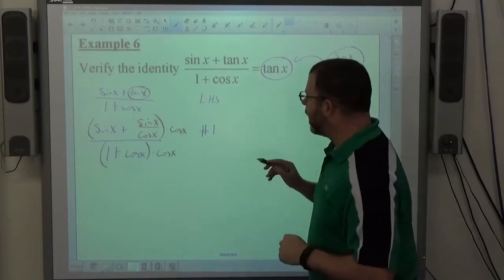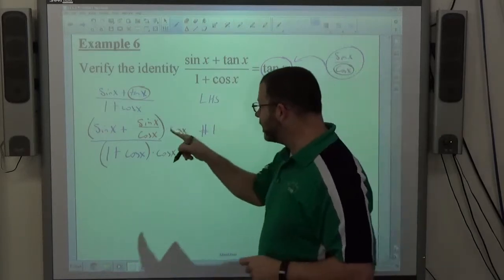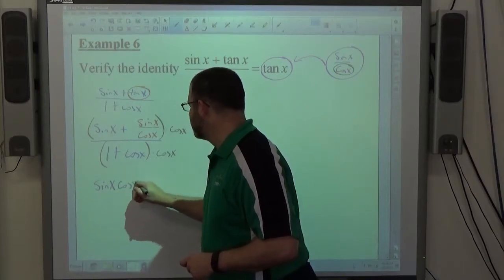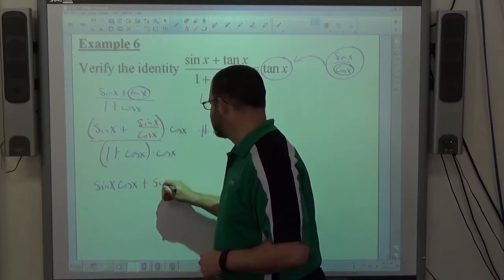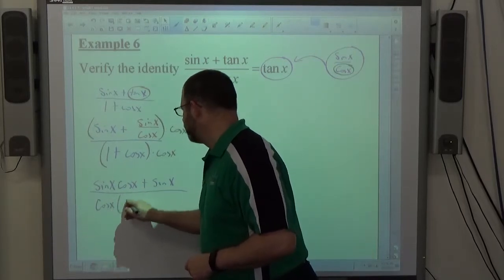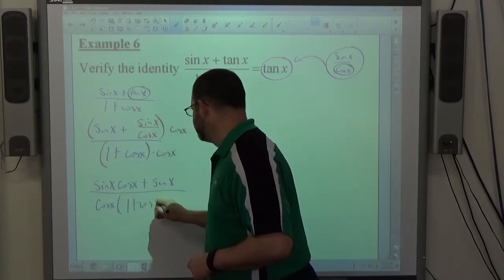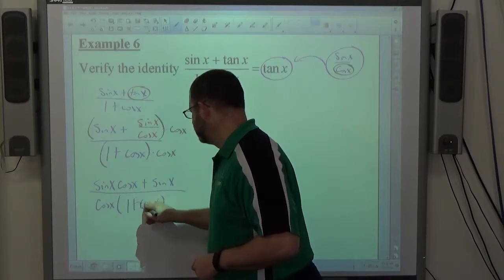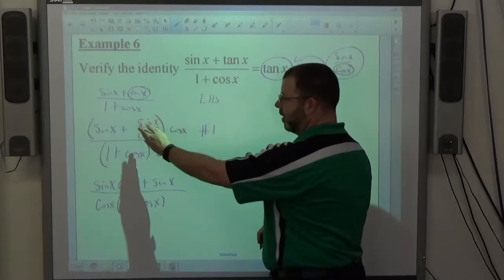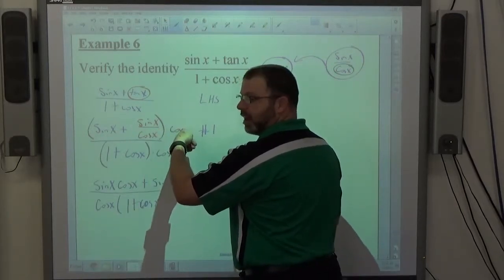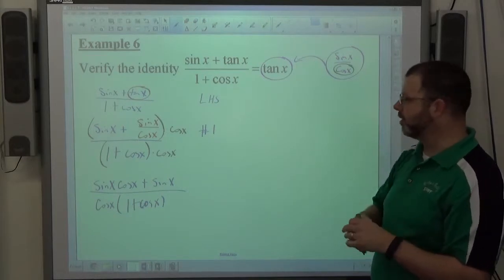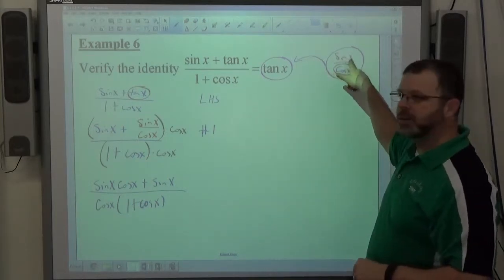So that gets me on top sine of x cosine of x plus sine of x, all over cosine of x times 1 plus cosine of x. The top isn't just sine of x, so on the top I'm going to go ahead and distribute through, because none of the top stuff is what it needs to be, just sine of x.